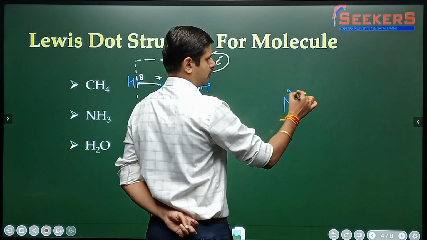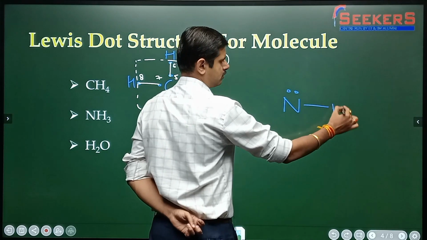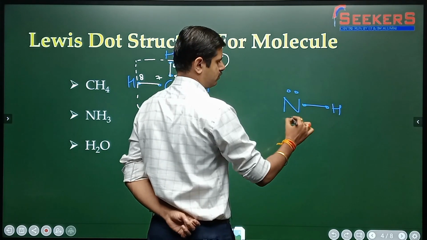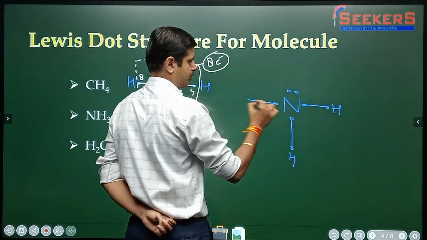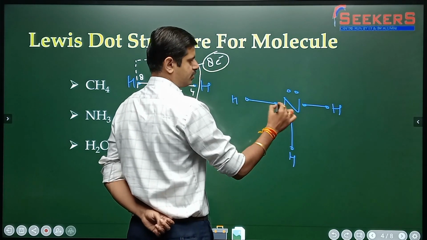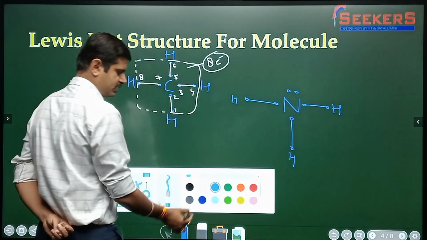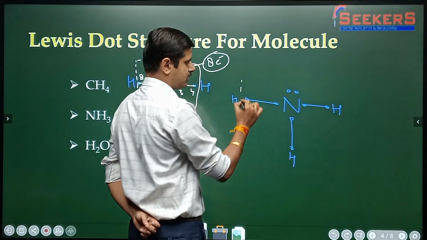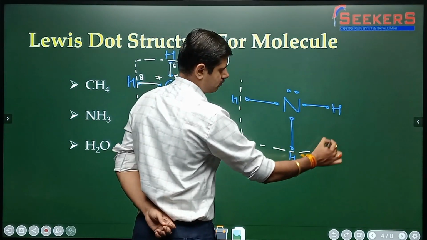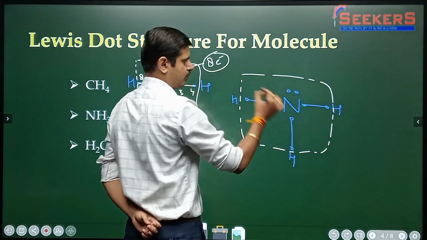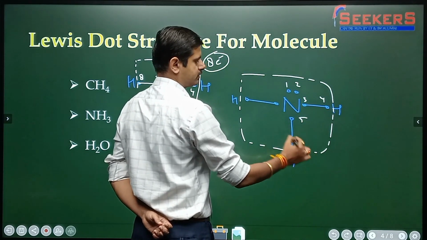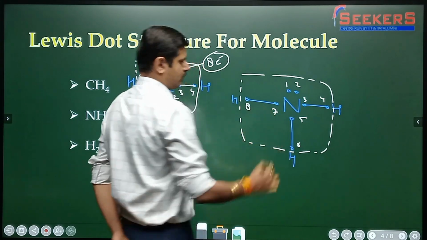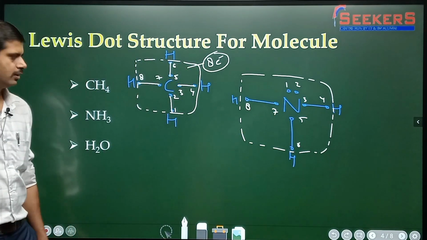This is 1, 2, this is 3, 4. NH3. Here also, if we see with nitrogen, how many electrons are there? 1, 2, 3, 4, 5, 6, 7, 8 electrons.